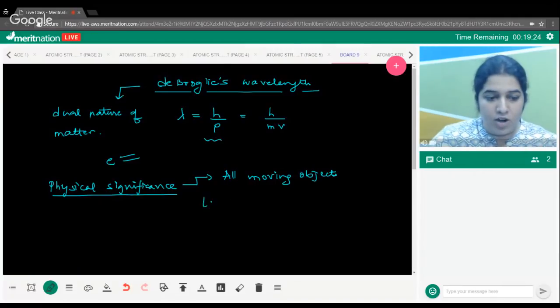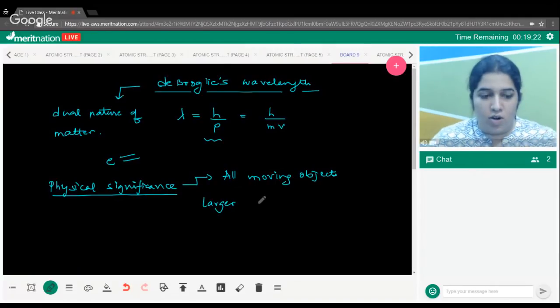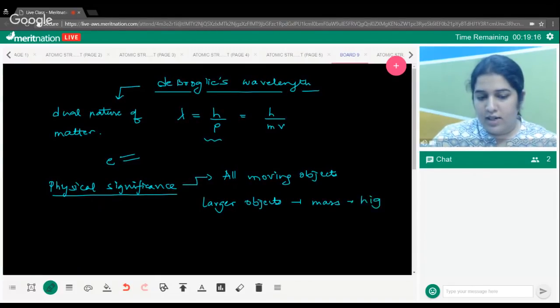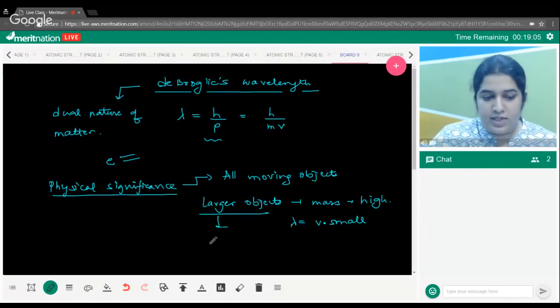But for larger objects, for normal objects that we have, the mass is very high. The mass is high, therefore lambda is too short, or we can just say this is very small. Therefore, for larger objects, the wave character cannot be detected.